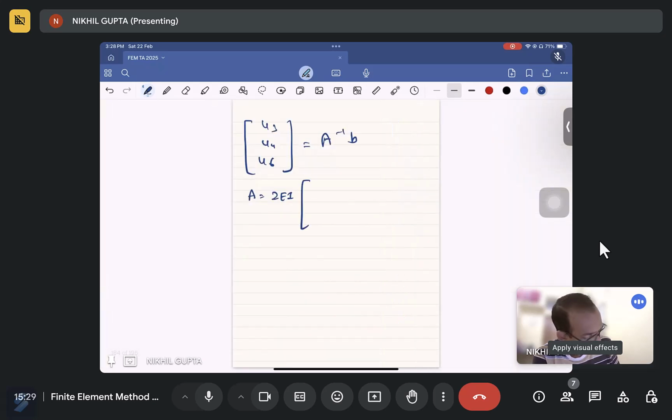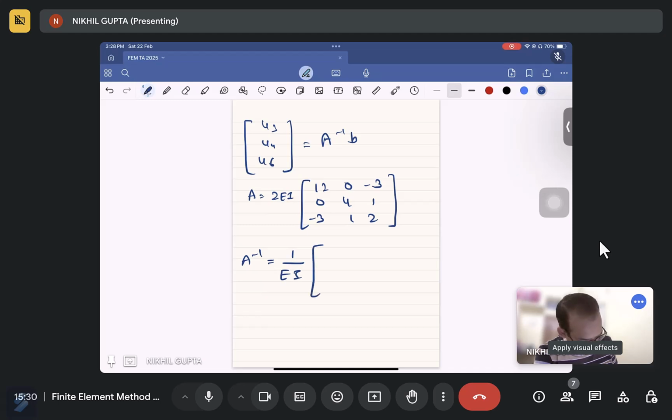L will be 1, and it will give you the values like this: 0, 4, 1, minus 3, 1, 2. When you find the inverse of it, either use MATLAB or hand computation, which is also okay for a 3 by 3 matrix. You will get this matrix. I have already computed it.